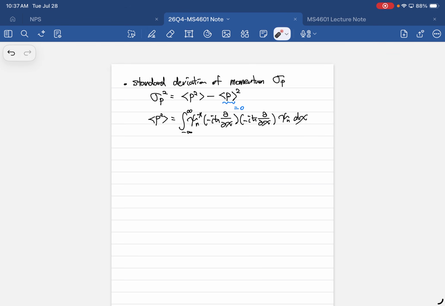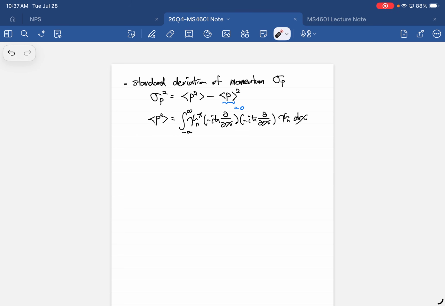Here again we look at the definition. The standard deviation of momentum squared is the expectation of p squared minus the expectation of p, squared.